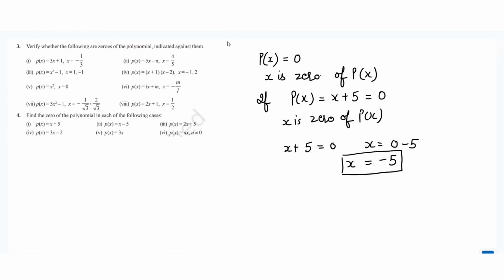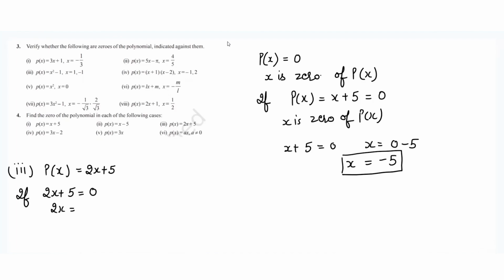The next one is the third part, where P(x) is equal to 2x plus 5. So if we have to find out the zero of this polynomial, what can we say? We can say 2x plus 5 is equal to 0.